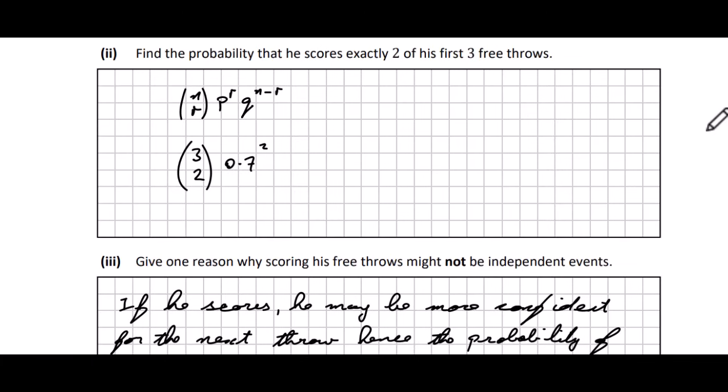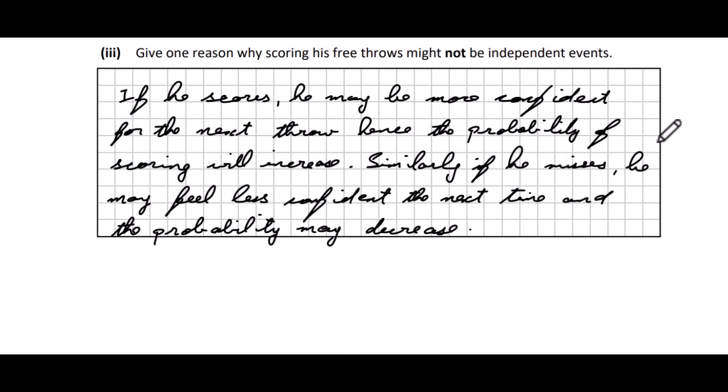Now if 0.7 is the probability of success, 0.3 is the probability of failure, in other words, 1 minus 0.7. So this is q, this is p here. And that is to the power of 3 minus 2, or just 1. So when you do all of that, you get 0.441.